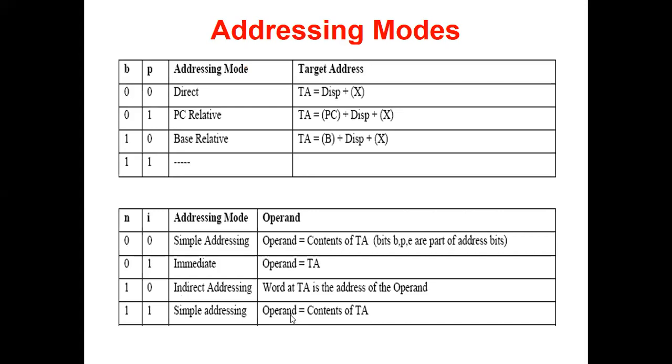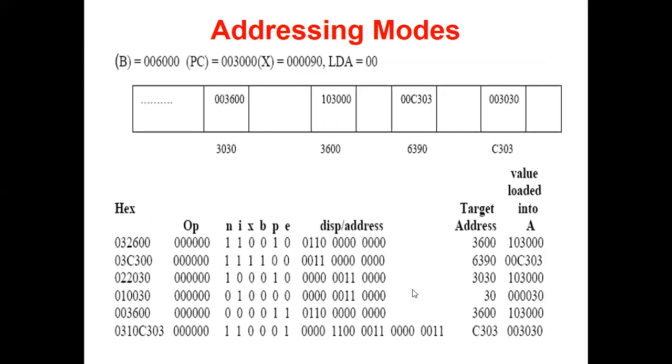The operand we take are the contents of the target address. Now we have calculated the target address is 3600, which is this one. So N is 1, I is 1. Therefore, the required operand is what?